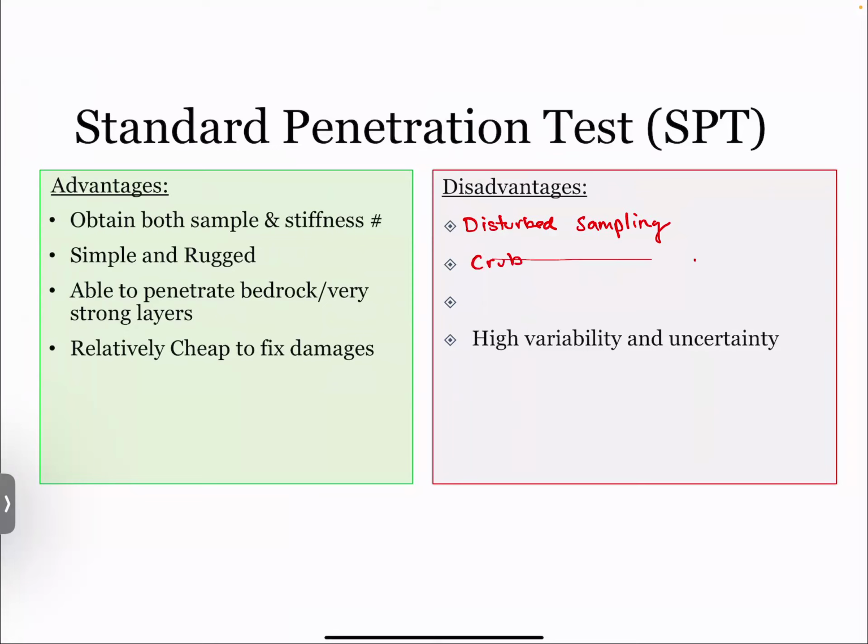And that's because it produces a very crude strength number or crude stiffness number, where if we're hammering into clay or organics or some sensitive, lower strength soil, we might not get a clear understanding of the actual strength because you're just hitting clay with a hammer, basically.